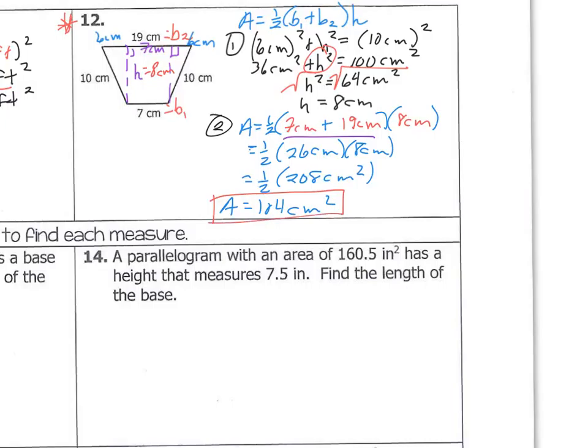So once we get that height, it's just doing what we did on the front side. So you get 104 centimeters squared.